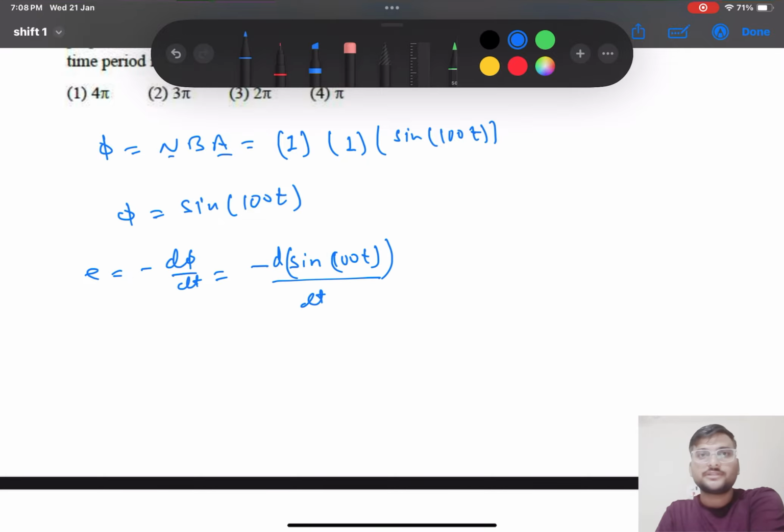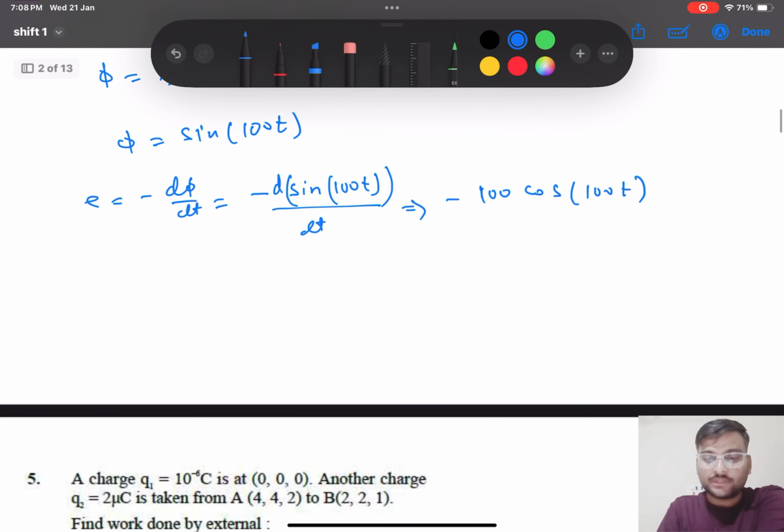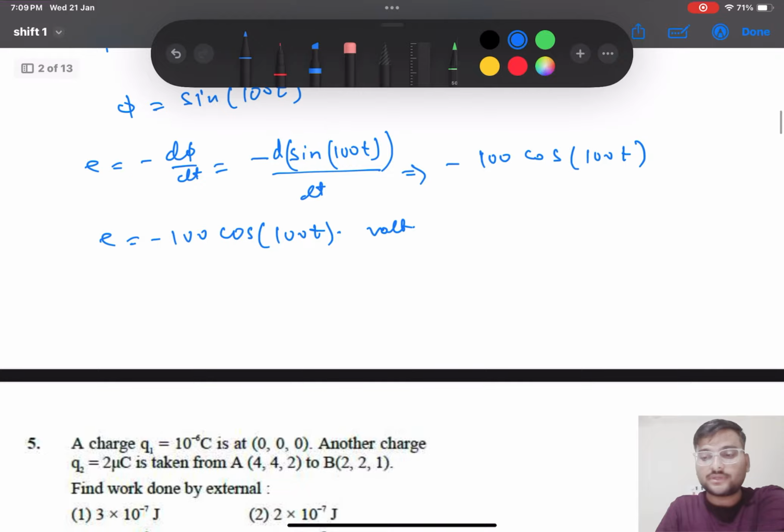Once we differentiate this function, it becomes minus d of sin 100 t divided by dt. When we differentiate this function, we get minus 100 cos 100 t.